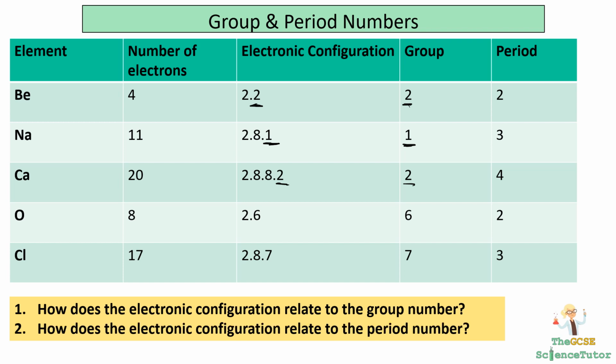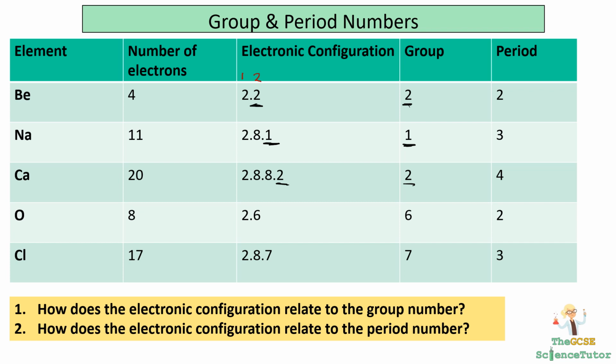What about the period number? Can you see how the electronic configuration relates to the period number? Pause the video again and see if you can spot the pattern. Well, this time, if you take the period number 2, you will see that there is in fact two numbers, 1, 2.